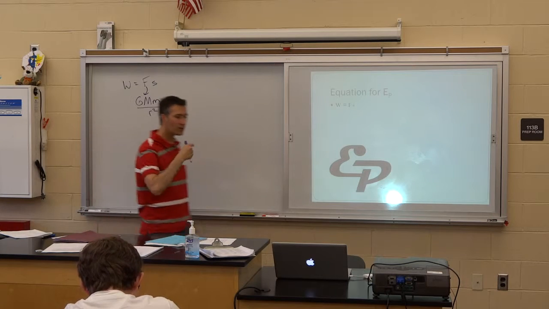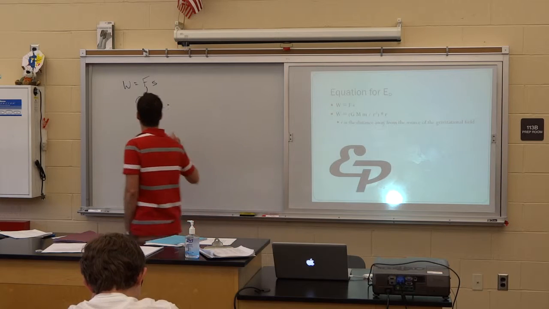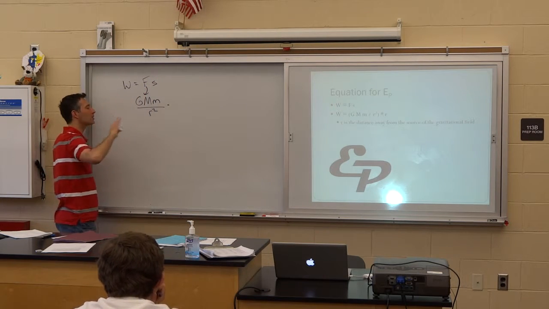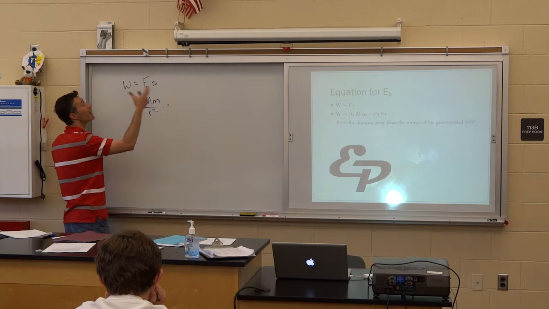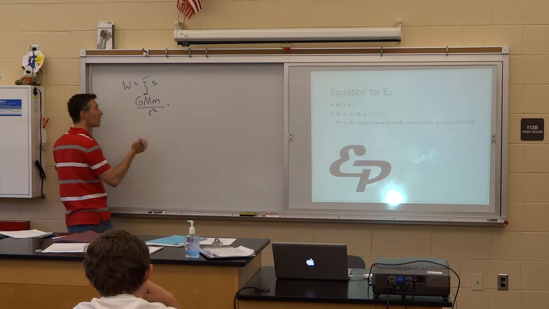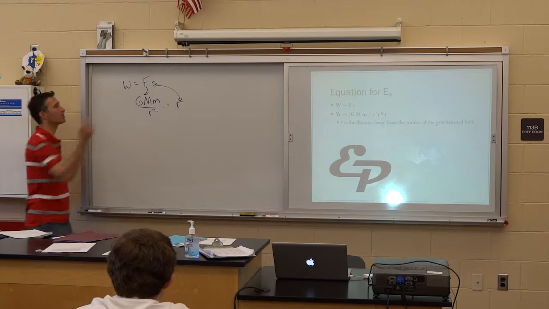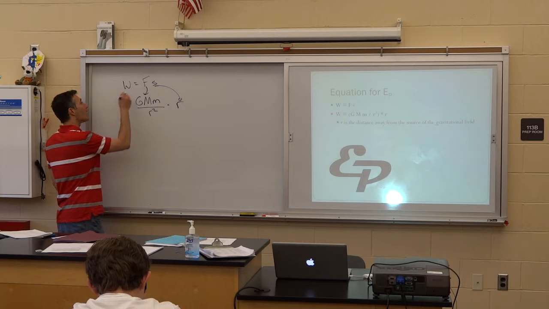And if we move to a location in the field, the displacement that we're talking about, or at least that we would measure, would be based on how far we are from the source of the field. So this is actually going to be the same thing as the distance we are away from the source of the field.